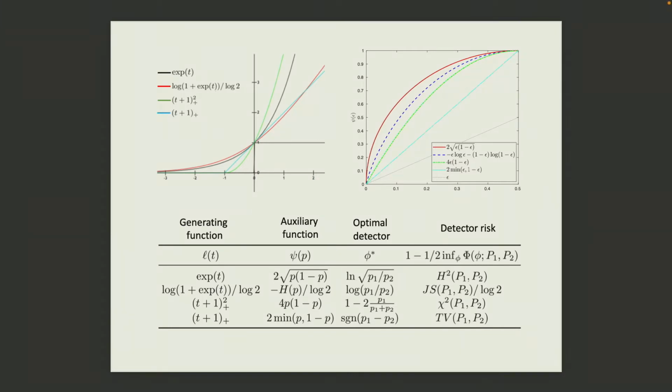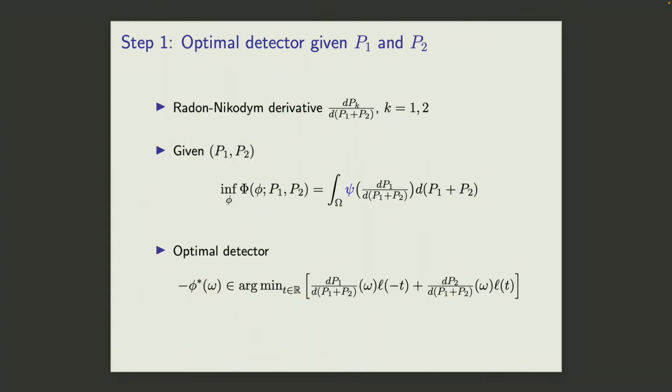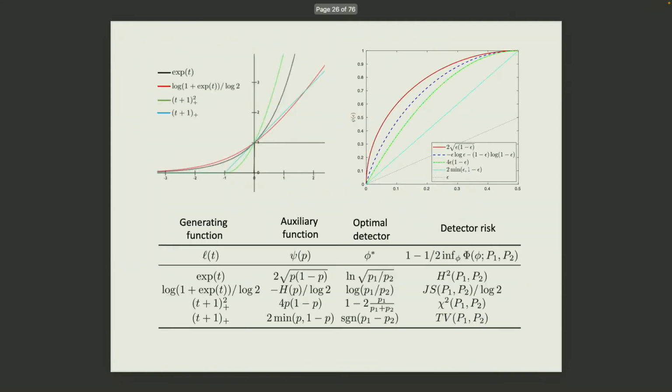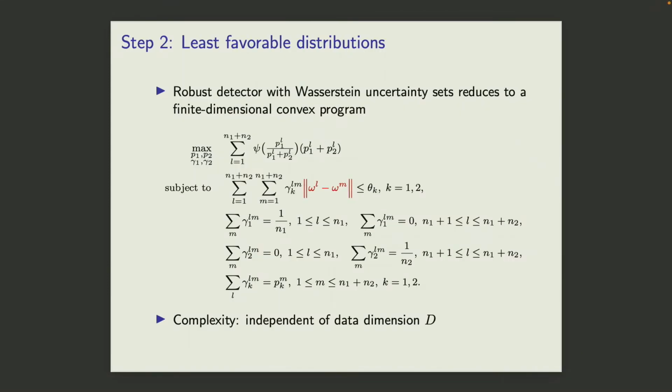And remember, we said the least favorable distribution is defined by the pair of distributions closest to each other. When the convex upper bound is exponential, that is with respect to the Hellinger distance. But for the hinge loss, it actually leads to finding a pair of distributions that are closest to each other in the TV norm, total variation norm. So that's one thing. And this is actually the general expression of the optimal detector, but that's basically how we solve for the form of these optimal detectors.